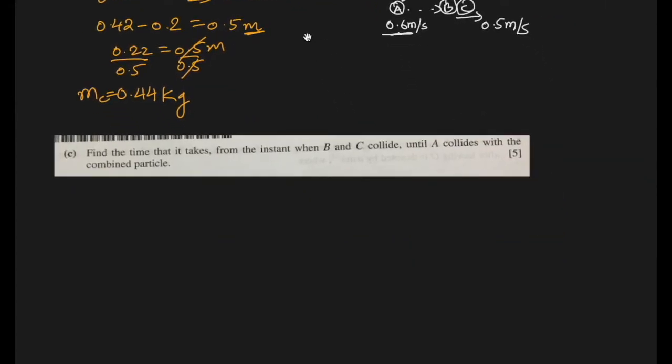Okay. The time taken by B to collide with C. Even though they're asking us about after the time when B and C collided, we want to know how much distance A traveled till that period.